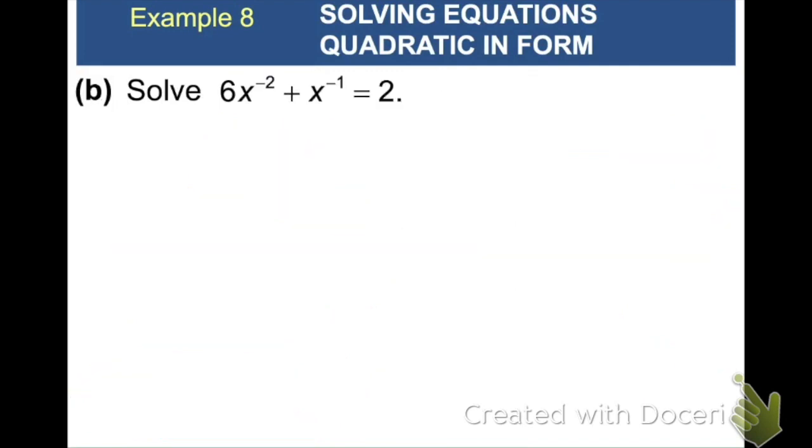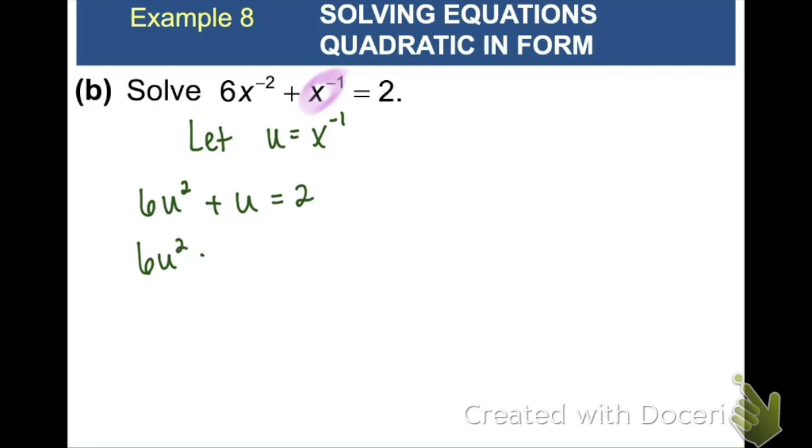On example B, we're going to let U again equal our middle term. So we have U equal to x to the -1. If we replace U, we get 6U squared plus U equals 2. We need to move that 2 over before we can factor so that everything's on the same side. And now we're going to factor.